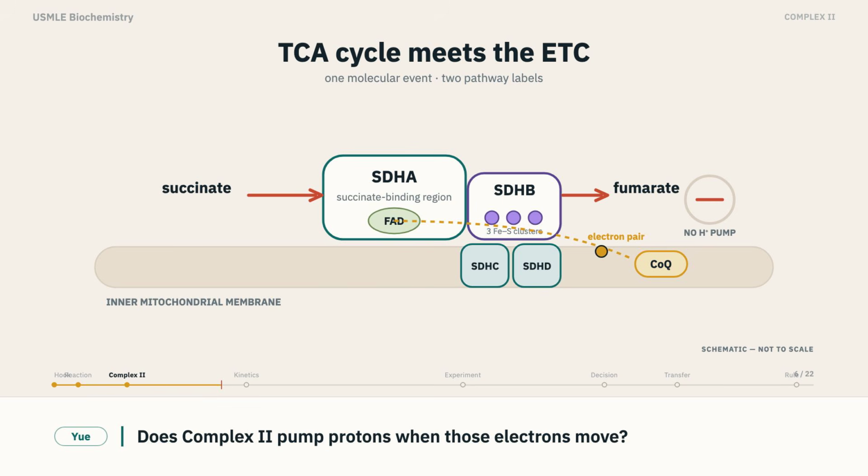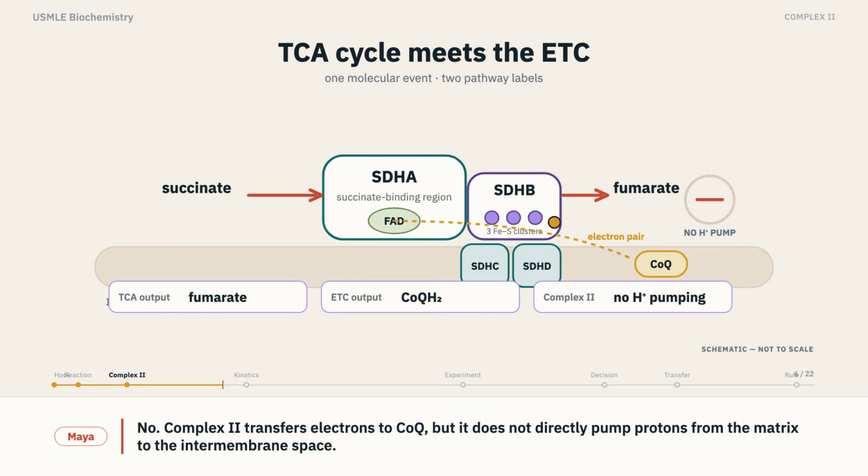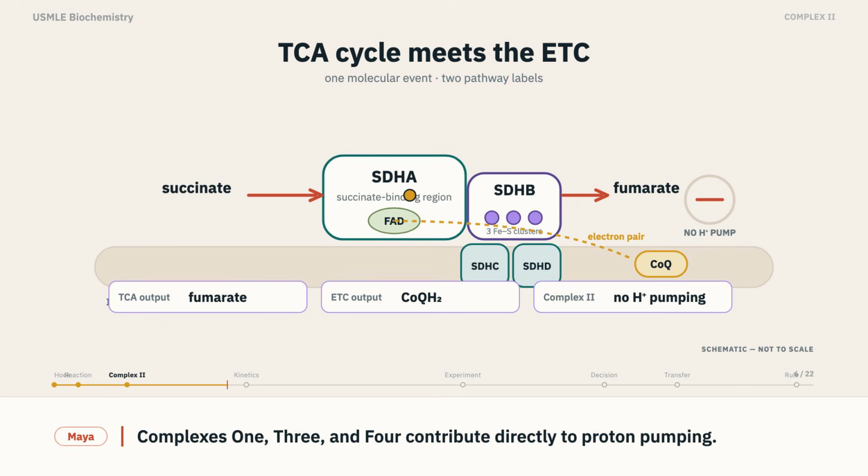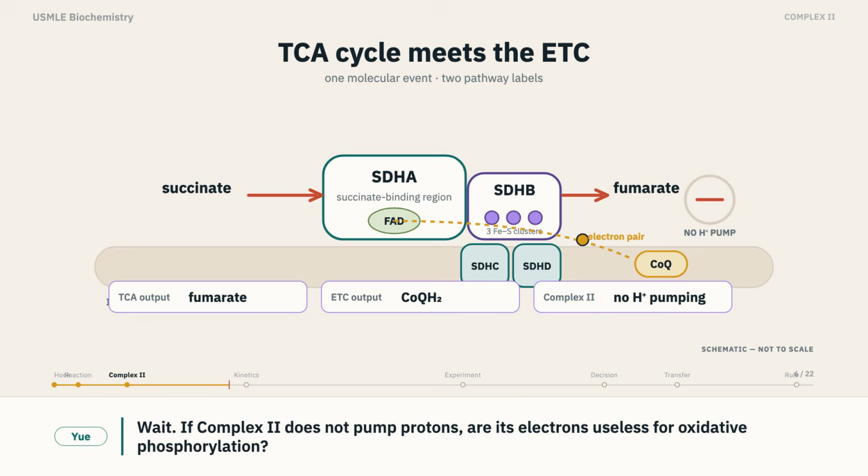Does complex 2 pump protons when those electrons move? No. Complex 2 transfers electrons to coenzyme Q, but it does not directly pump protons from the matrix to the intermembrane space. Complexes 1, 3, and 4 contribute directly to proton pumping. Wait.